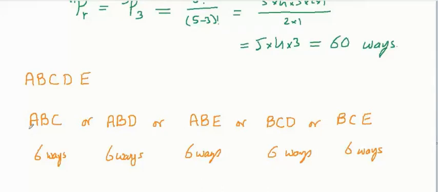What are the other possible ways? BC, BAD. Remember, BAD will be the same, because when you shuffle them in these 6 ways, it's counted.